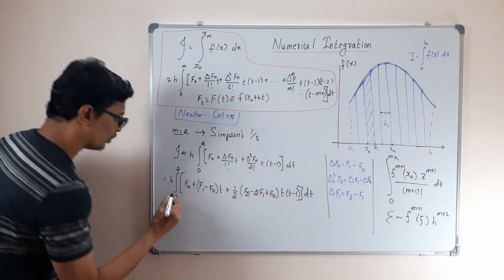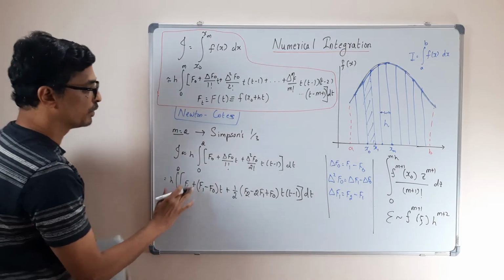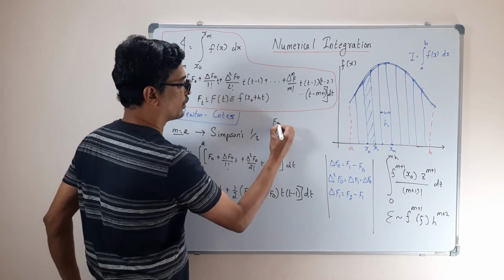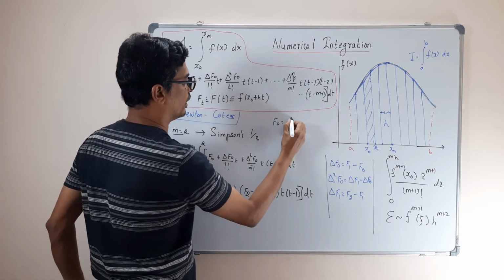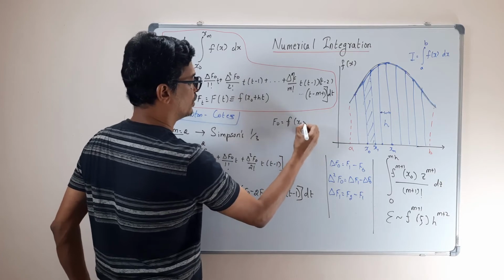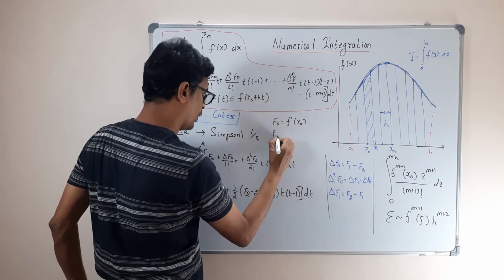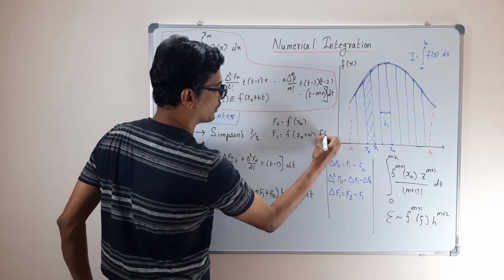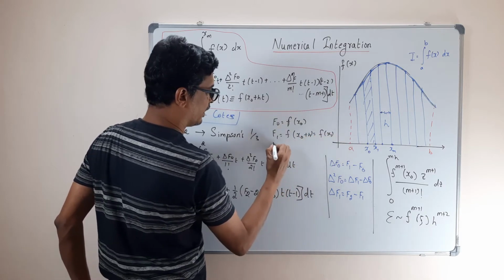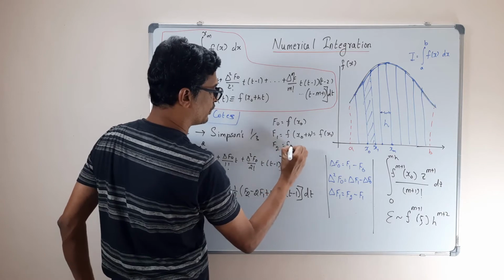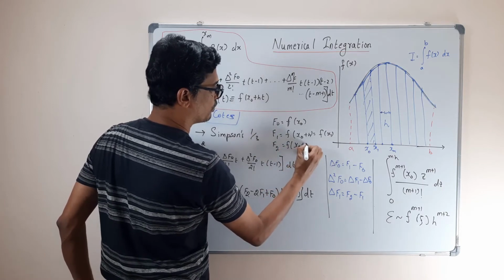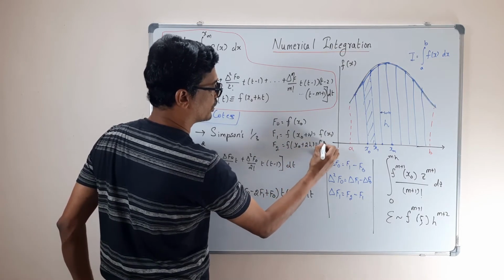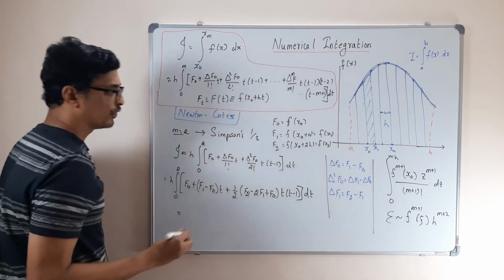So what you get, f0 is nothing but, if you remember, our f0 is equal to f of x0 and f1 will be f of x0 plus h, which is f of x1, and f2 will be f of x0 plus 2 times h, that is f of x2. Okay, so we know this value.